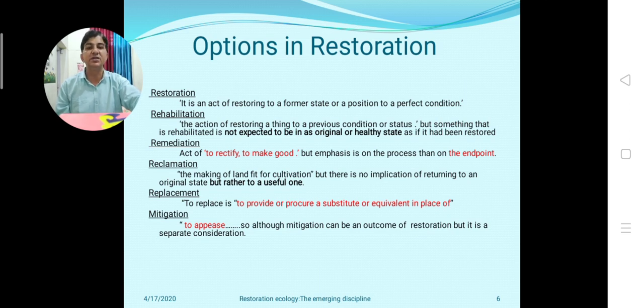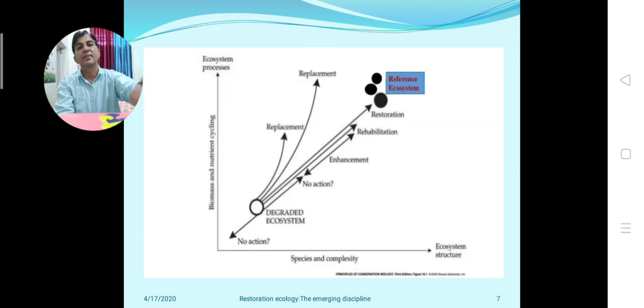Mitigation is to appease, to make the situation lesser. Although mitigation can be an outcome of restoration, it is a separate consideration. So these are the options. You can talk about them in detail.